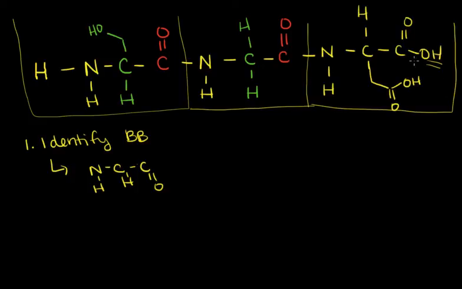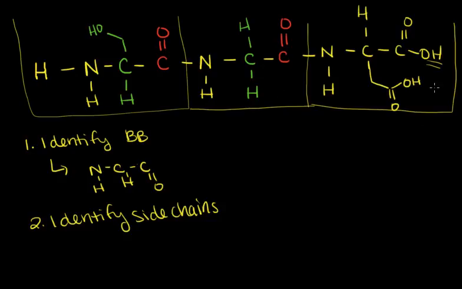Okay, so the part that most people get confused about is the second part, identifying side chains. Because some of the side chains, and I've drawn one here, look like the backbone. And so we're going to practice this a lot in class, so don't worry if you're confused right now, because we'll do tons and tons of practice on this.